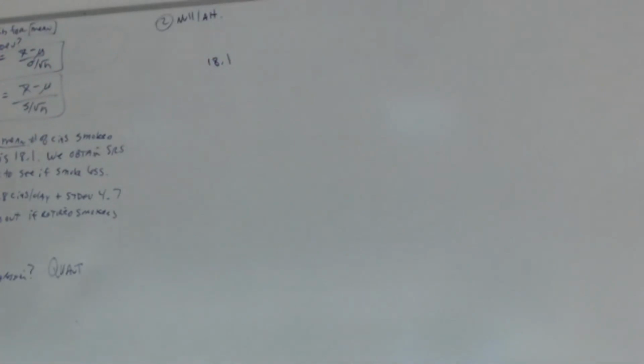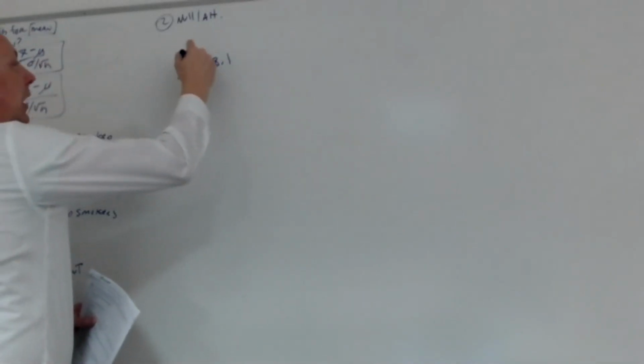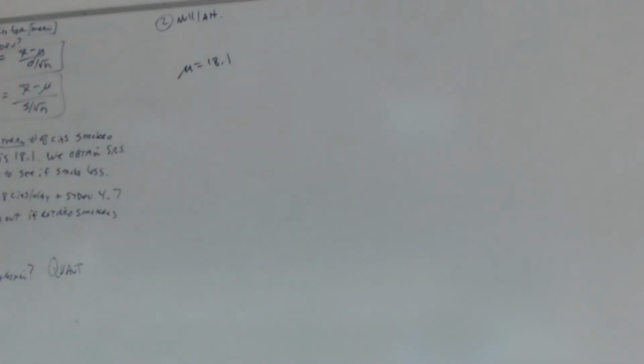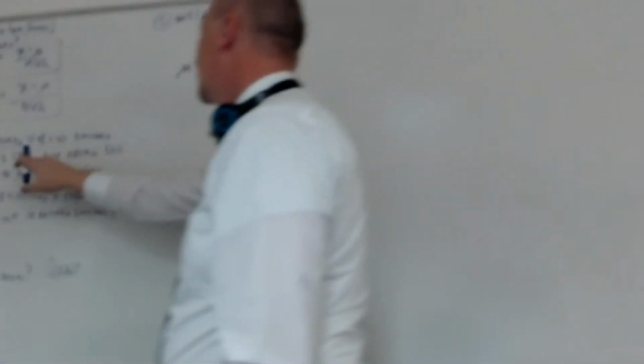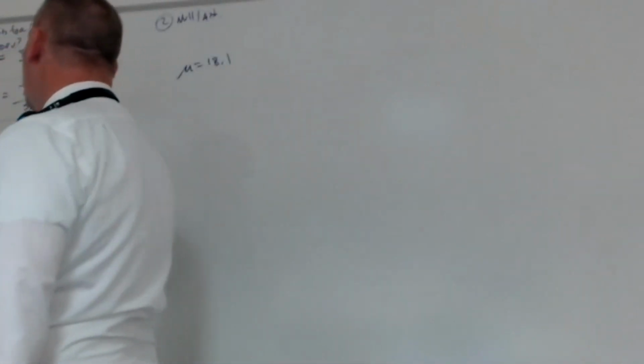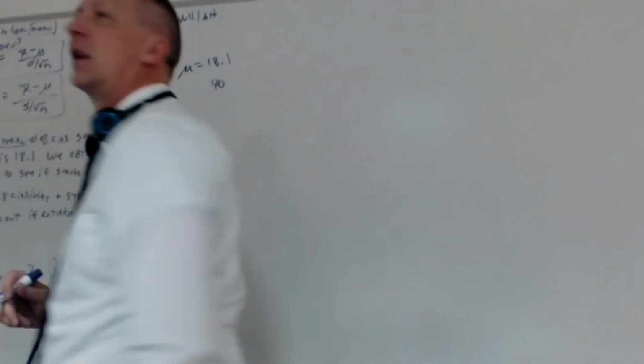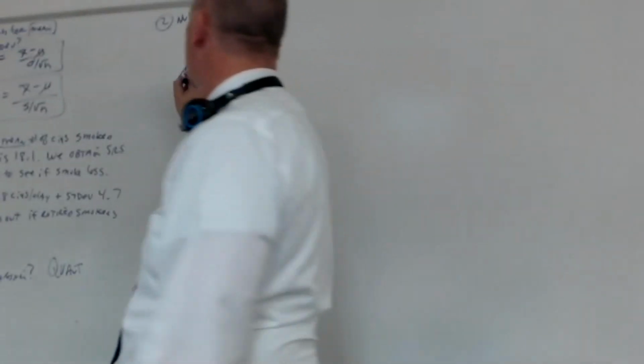Why is it mu? Because we assume that the Centers for Disease Control knows the population, right? When you're taking a simple random sample of 40 retired smokers, what's 40? N equals 40.